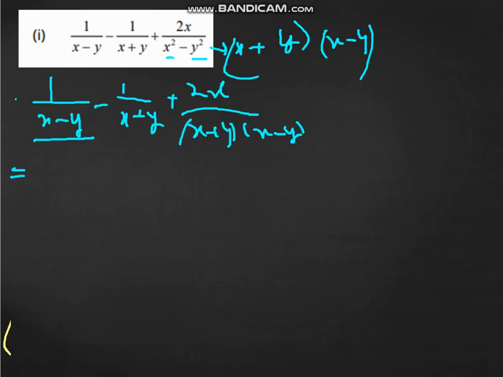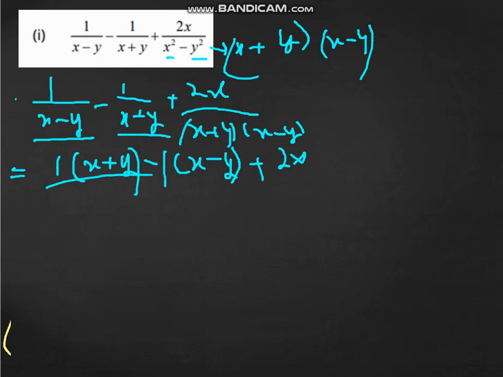The first term doesn't have x plus y, and the second term doesn't have x minus y, so let's give them x plus y in the numerator, and then x plus y goes to the denominator as well, and then negative 1 times x minus y. Okay, and then plus 2x. Denominator will just multiply x plus y and x minus y.